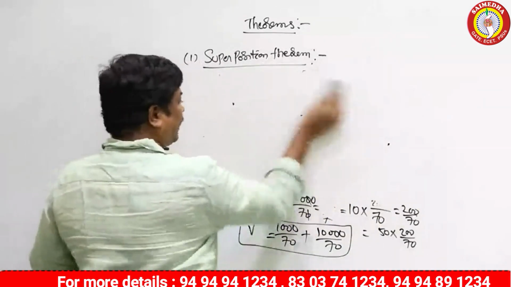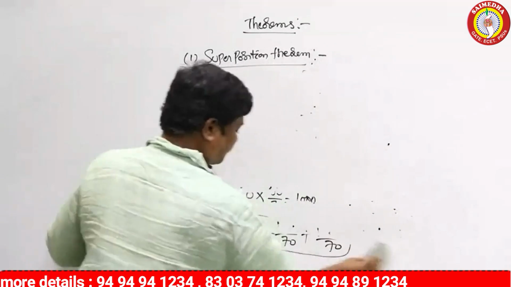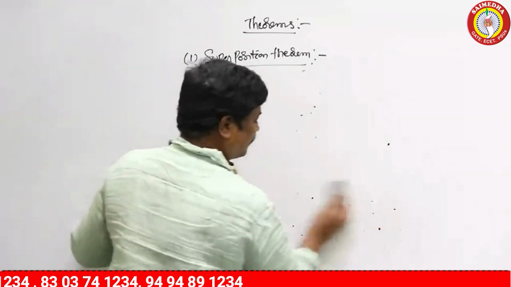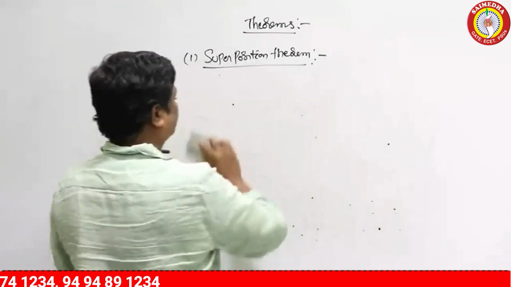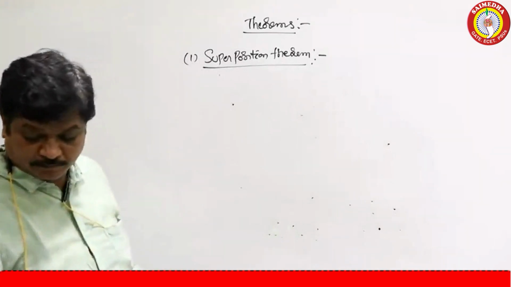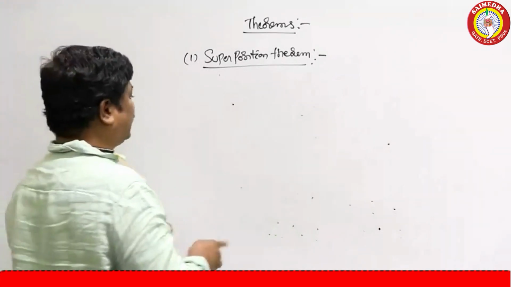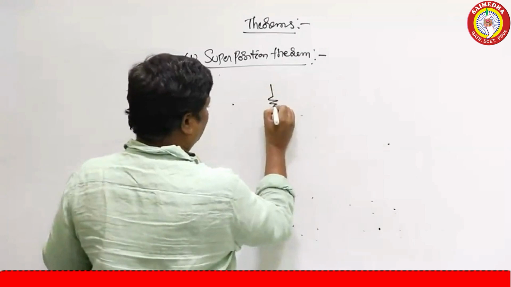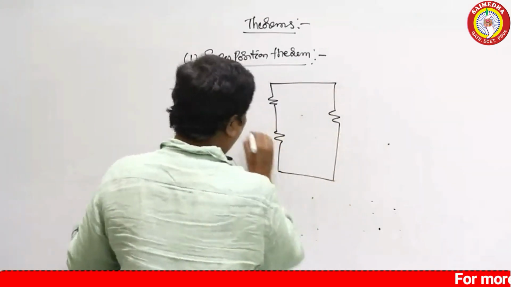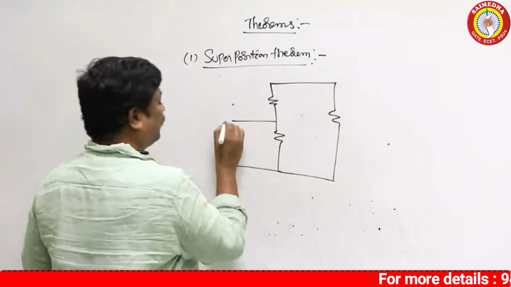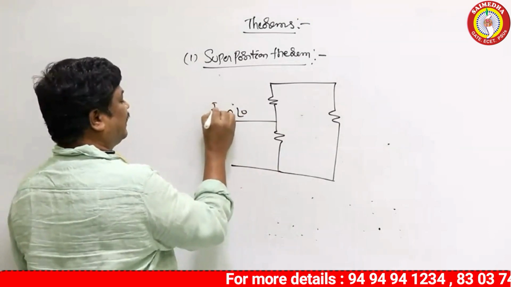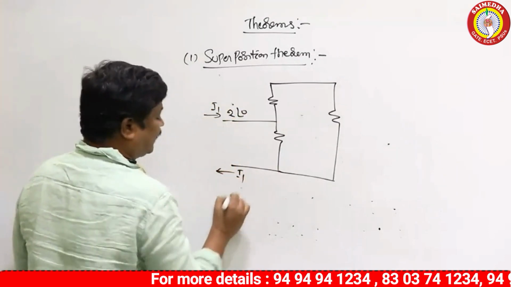Find the VAB in the given network. This is the problem we have. 2 at an angle of 0 is I1, here.